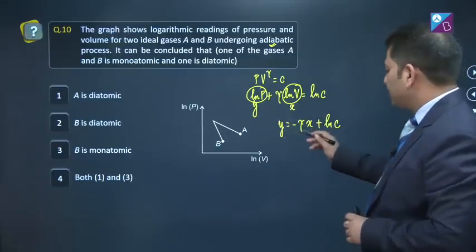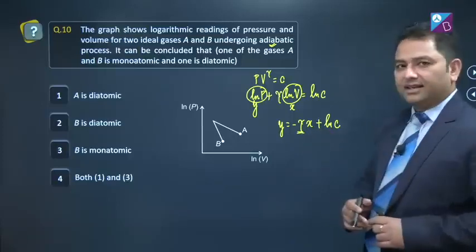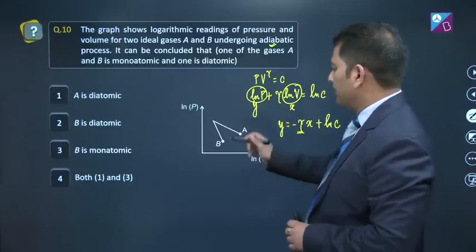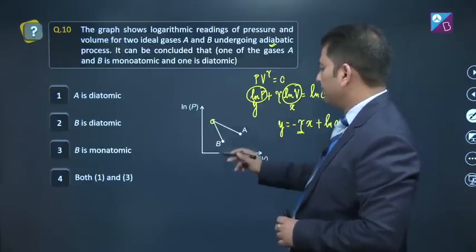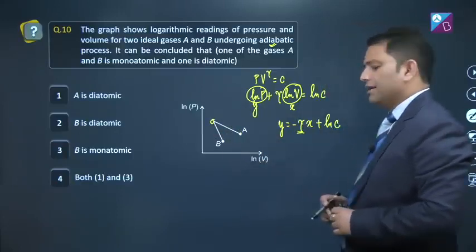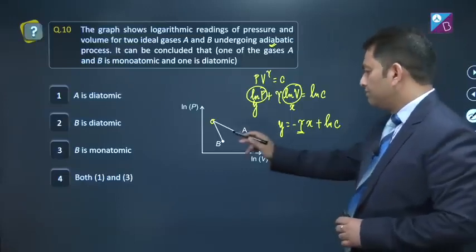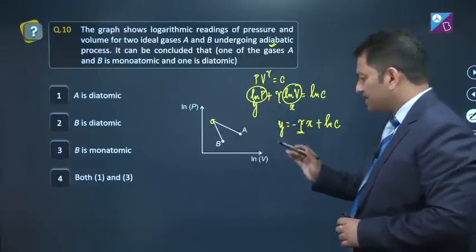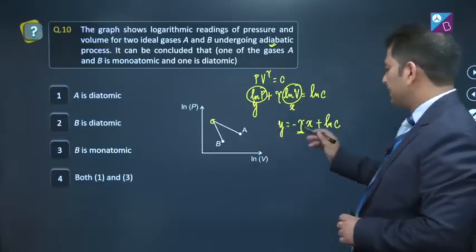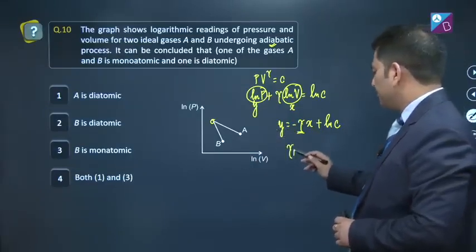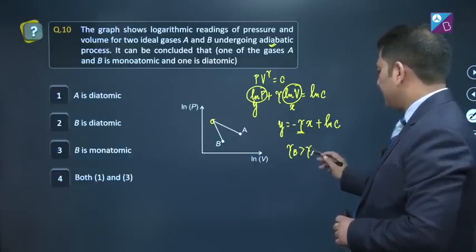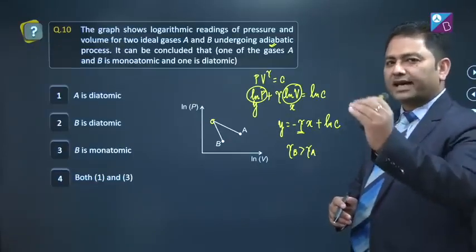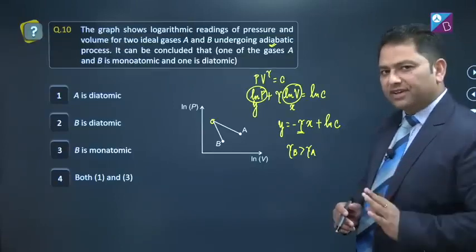And if you look at the magnitude of slope, that is gamma. So here we get a clue. If you see at this given point for A and B, the magnitude of slope for B is higher than that of A because the B graph is steeper. This means gamma for B has to be higher than gamma for A. And remember gamma is 1 plus 2 by f, where f is the degree of freedom.